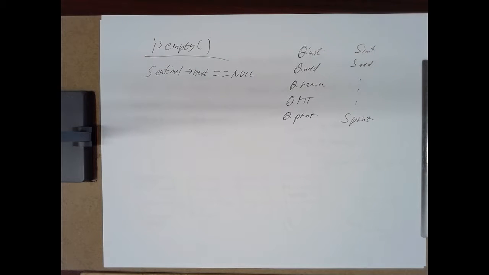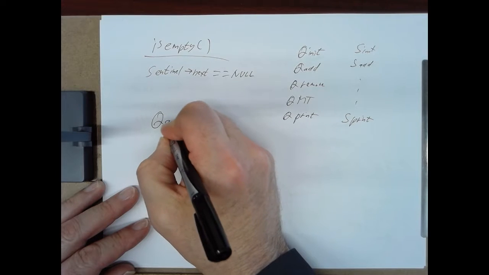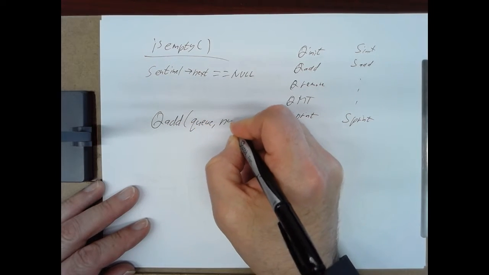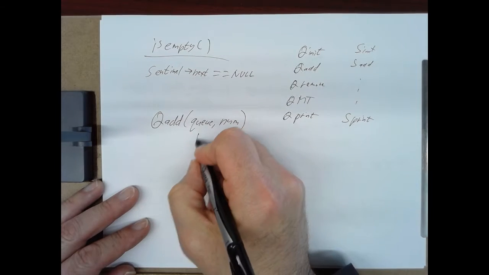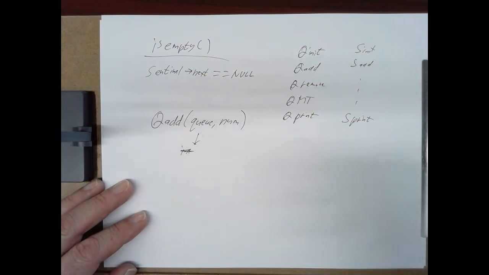Or if you want, you can make a generic routine that takes an argument that says whether you're doing this to a stack or a queue, provided you're passing the same kind of thing, which is going to be a pointer to an integer. So each of these, like when you say queue add, you want to pass it your queue and your number. So this is an integer star. Sorry, well, let's back up here.